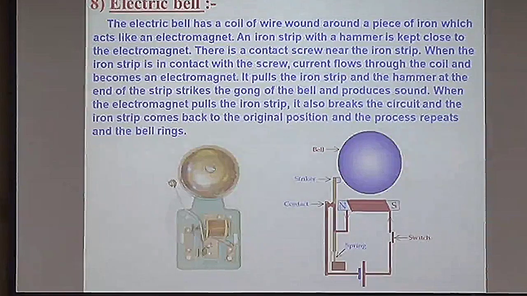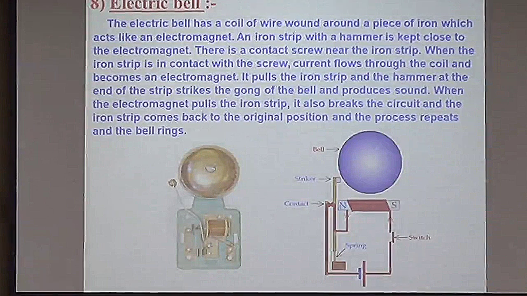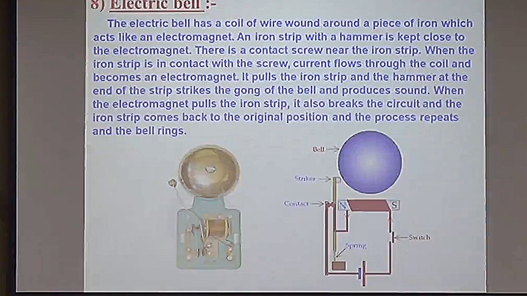It pulls the iron strip, and the hammer at the end of the strip strikes the gong of the bell and produces sound. When the electromagnet pulls the iron strip, it also breaks the circuit. So this is important. When the electromagnet pulls the iron strip, it breaks the circuit and hammers against the gong.